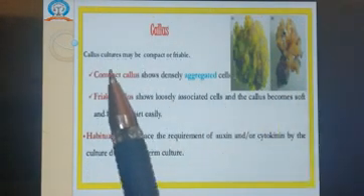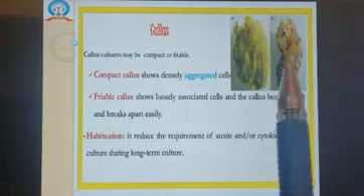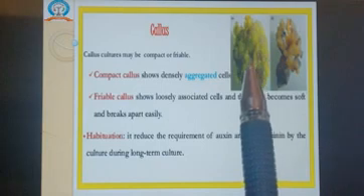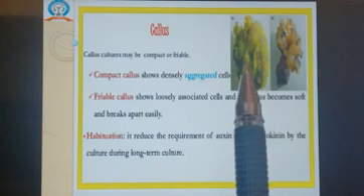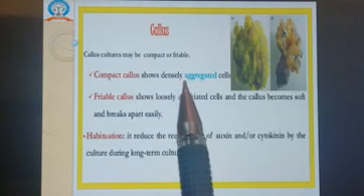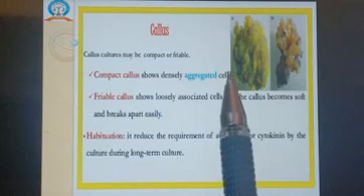Okay, so callus culture may be compact or friable. You can see here the friable, and here the callus is compact. Compact callus shows densely aggregated cells, meaning compactly arranged cells.